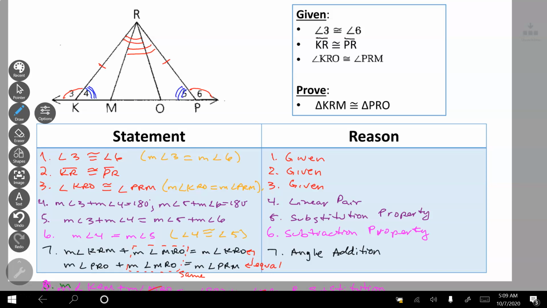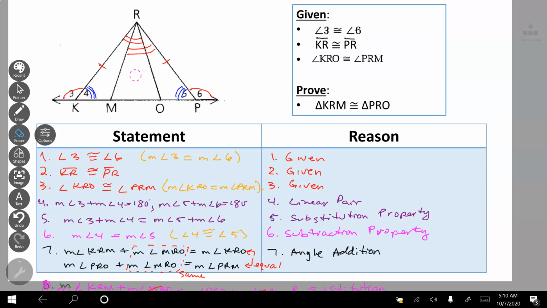And then, by the angle addition postulate, I have this skinny angle plus this angle in the middle is equal to this red arc on the top, and this skinny angle plus this big angle in the middle is equal to this red arc on the right.